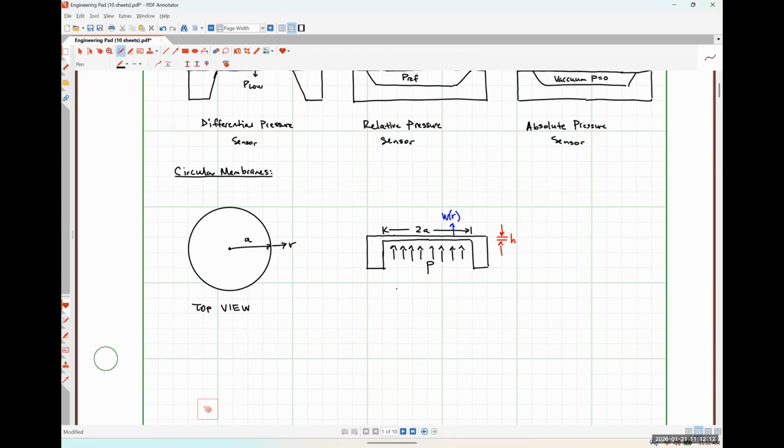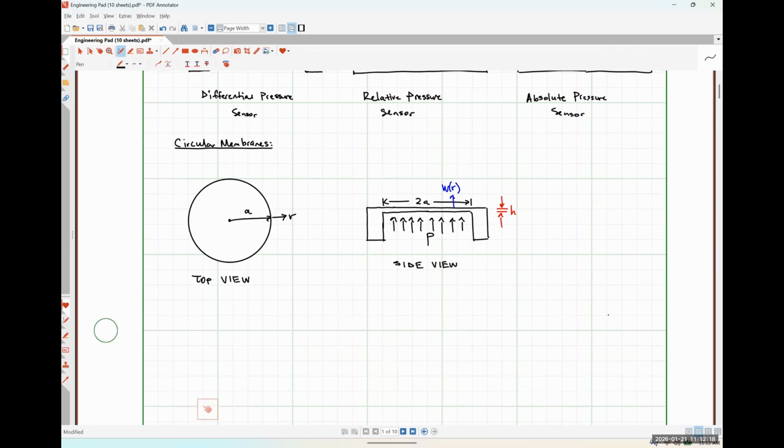So this is our side view. And then I'm going to label: P is the differential pressure. So we might just say that's the pressure at the bottom minus the pressure at the top surface acting on the membrane.